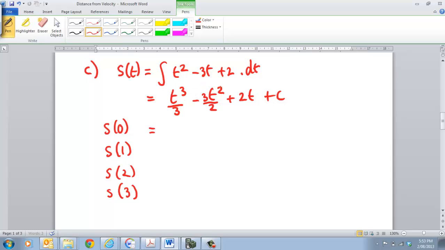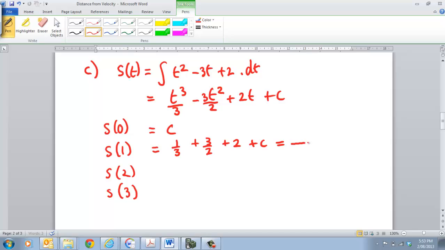Alright, so those are the key points that we need to consider. Now the first point is going to be an easy one because that's just going to be c, because we put t equals 0 in there. The next one is going to be simply equal to a third plus 3 on 2 plus 2, and that's going to be plus c. If you're not great with fractions, you could use your calculator.